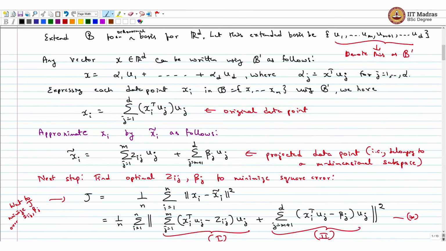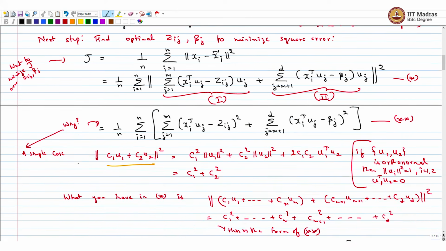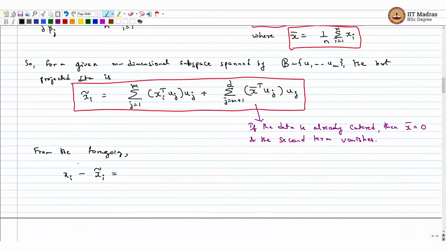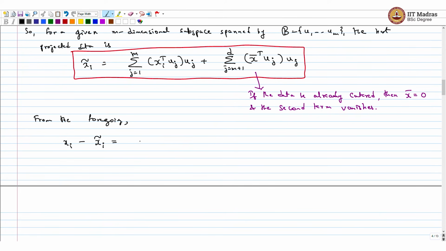If zij is the same as xi transpose uj up to m, then the first m terms cancel when I take the difference from xi to xi tilde, and I'll be left with the d minus m terms. So xi minus xi tilde is nothing but summation j equals m plus 1 to d of (xi transpose uj minus x bar transpose uj) into uj.